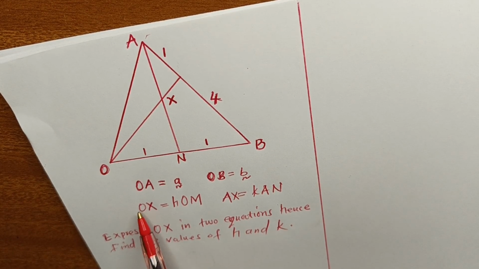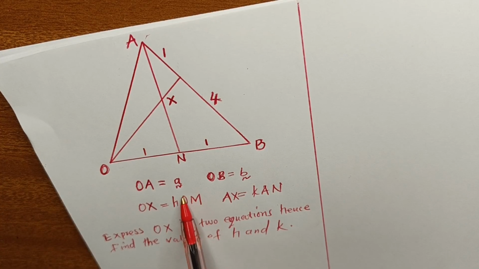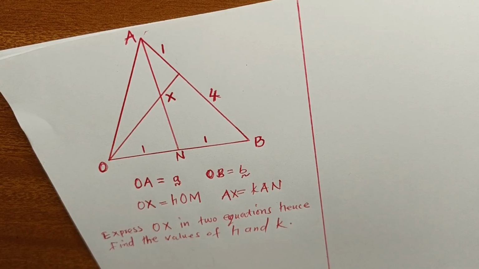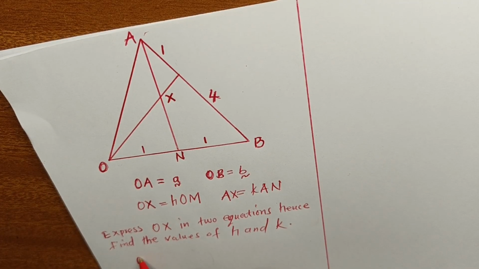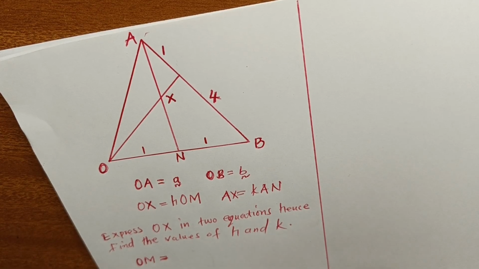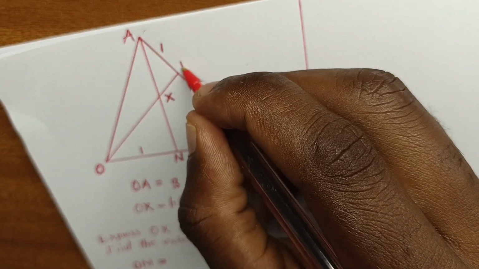We're told that OX is equal to hOM and AX is equal to kAN. Now I want us to find the vectors OM and AN. When I want to find OM, I will check the path traced from O to M. Remember, M is here.